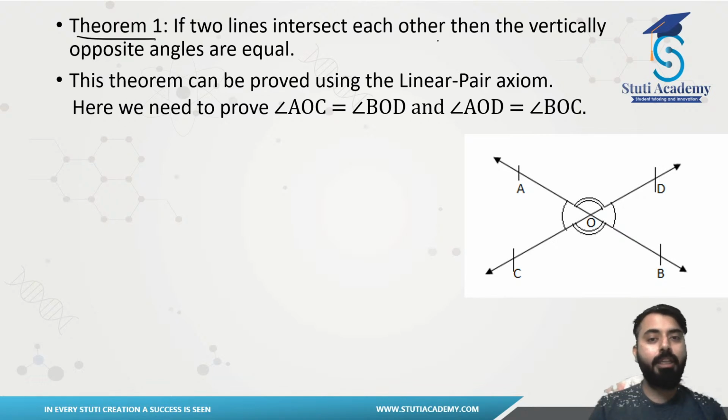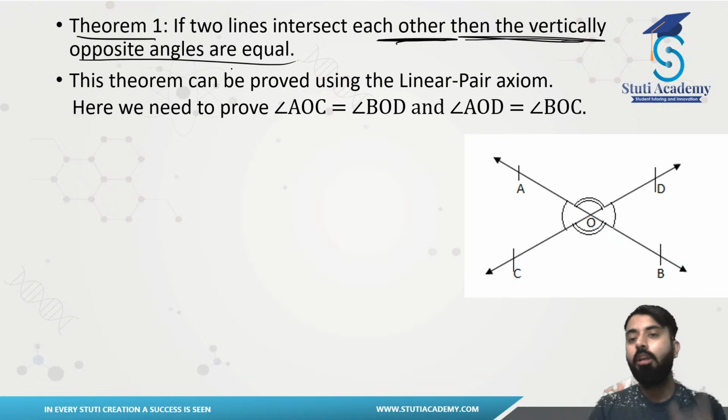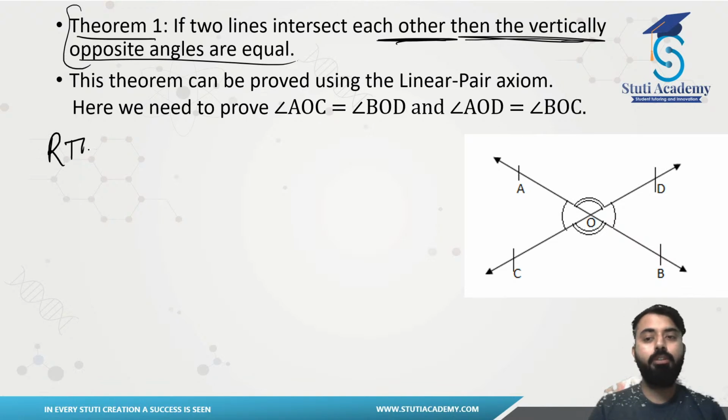So if two lines intersect each other, then the vertically opposite angles are equal. So this is the theorem where we are going to prove that vertically opposite angles are equal. So required to prove is, we have to prove that AOC, that means this angle, will be same as this BOD, then AOD, that means this angle will be same as that one.